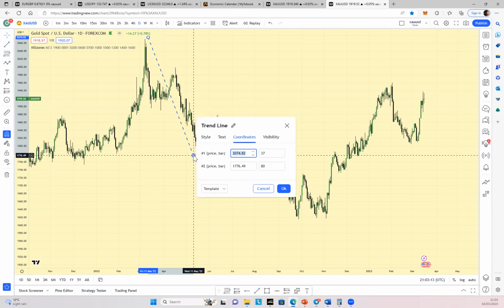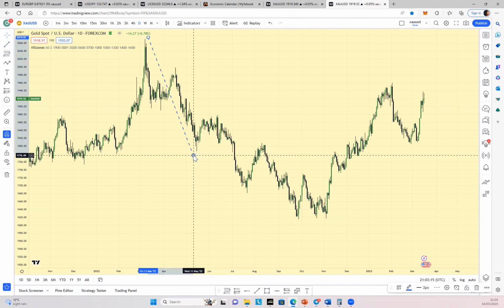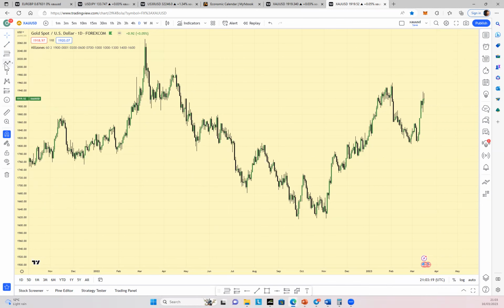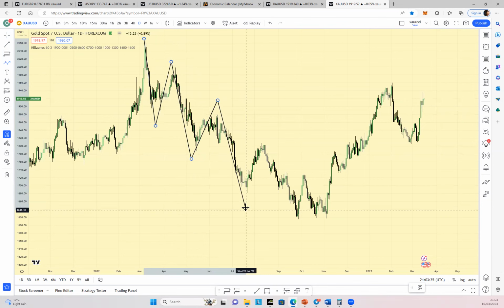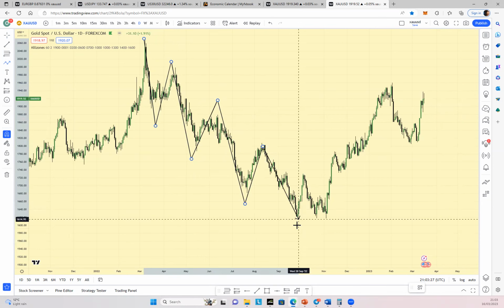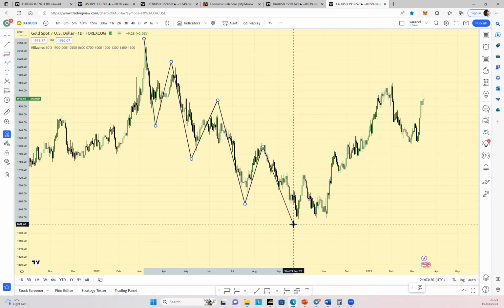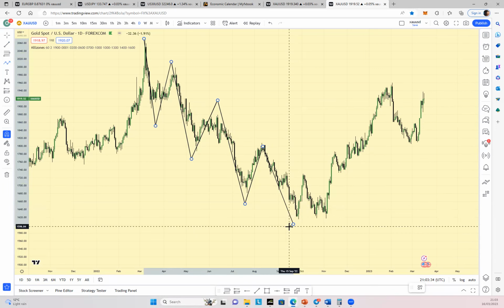Yeah, there. And then it's going all the way down to October. So this is showing the trend. So the trend is going down, right? It's going down all the way to this point, right? No.